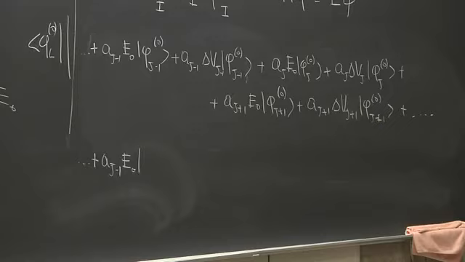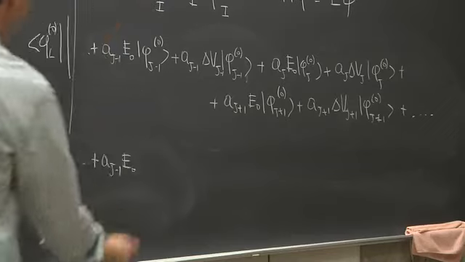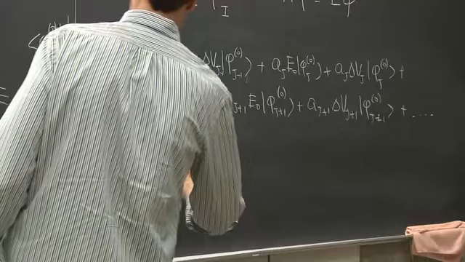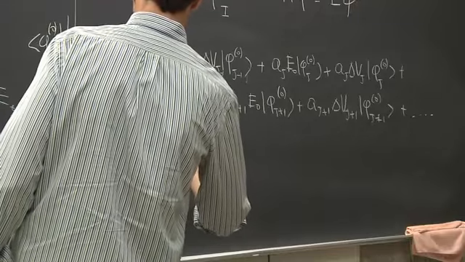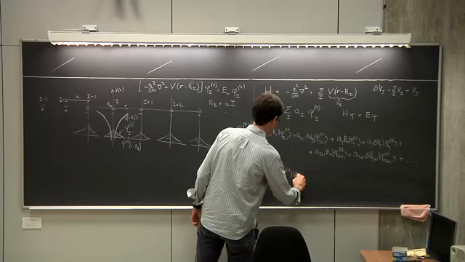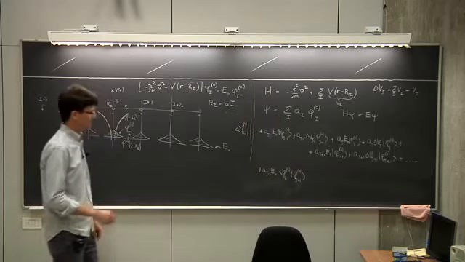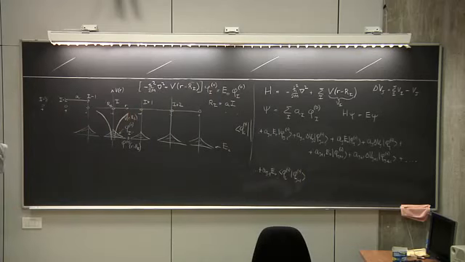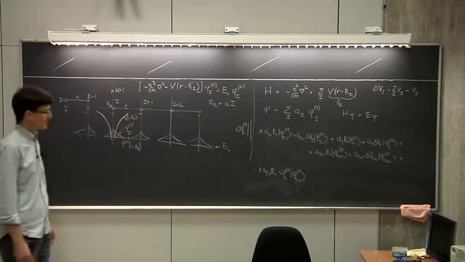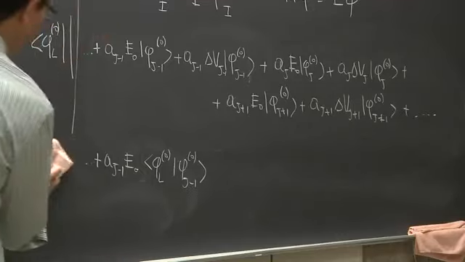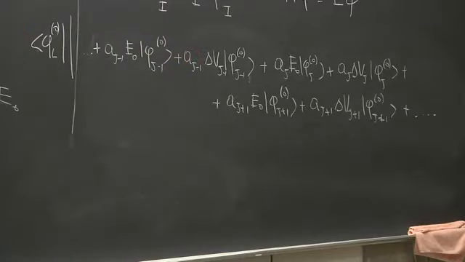Good. Now let me proceed with this one. So here I have phi L0 phi j minus 1. No, wait. Before I do that, I need to make another statement.